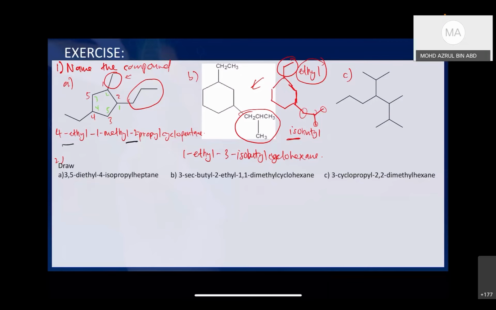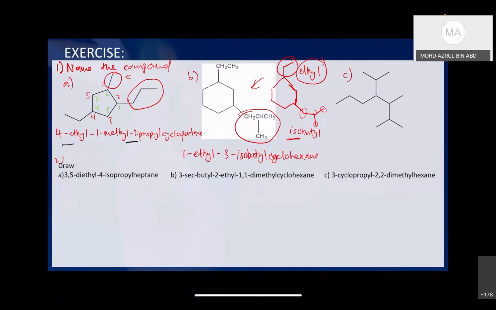So anyone to try this one? What is the name of this compound? You need to remember first, you need to find the longest chain of carbon and then the lowest number of substituent.